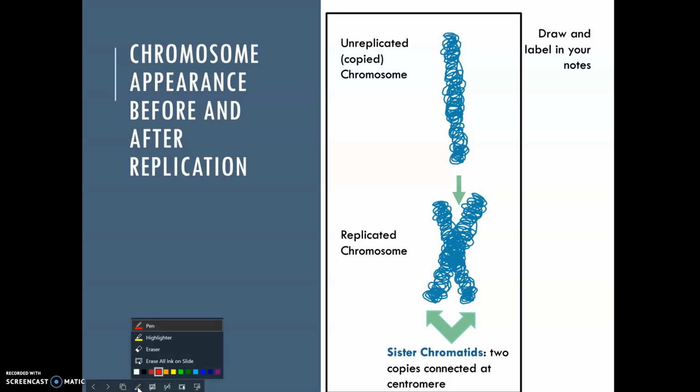And I'll highlight what each sister chromatid is. So this is one sister chromatid, and this is the other sister chromatid, and they're just connected at the centromere right there. And so now the cell has 2 copies of this same chromosome, but they're connected.